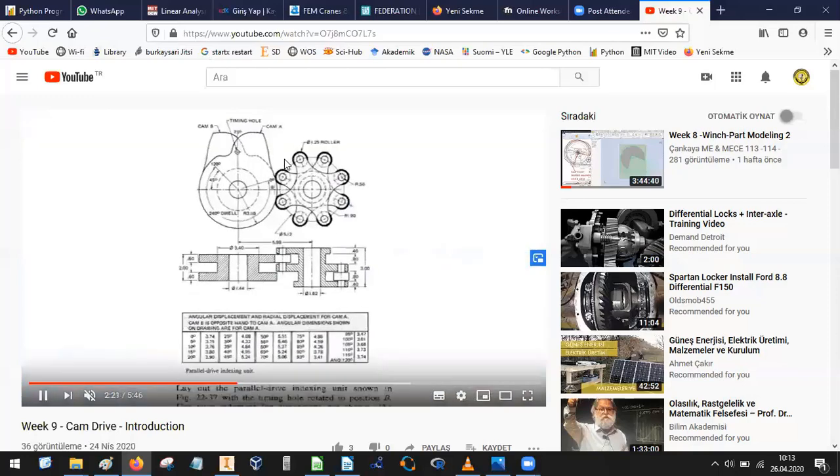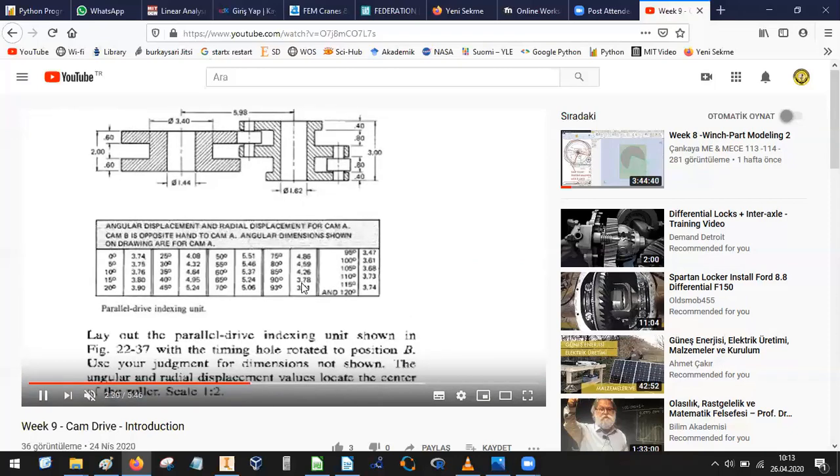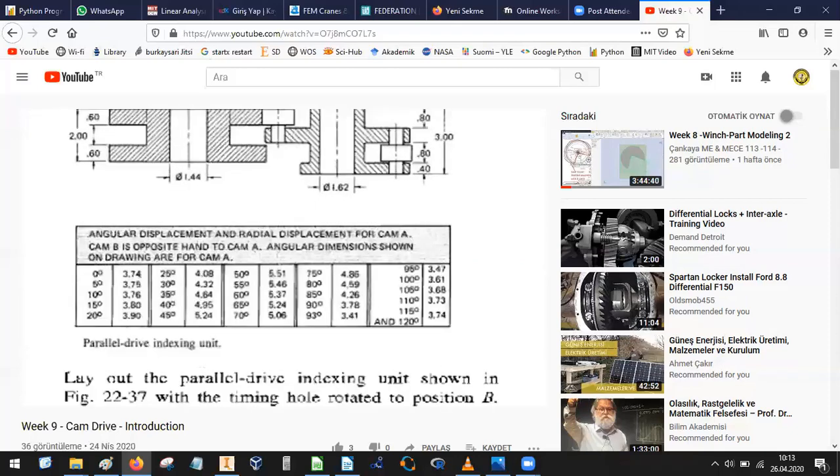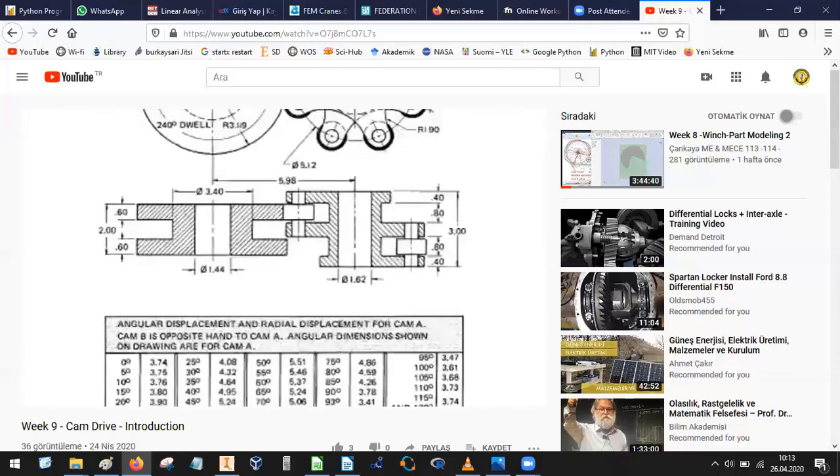Our example has 2 cams and 8 followers. I have changed our design a little bit to show you the possibilities of the other machine elements.